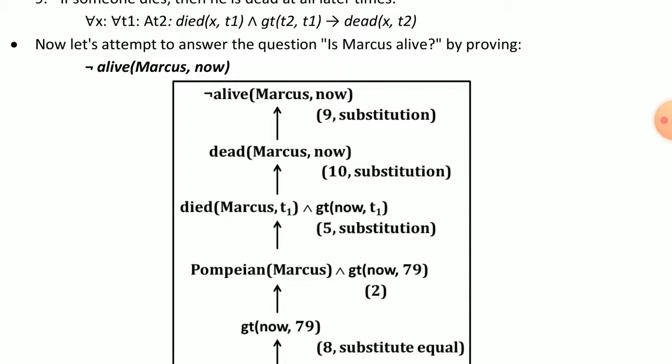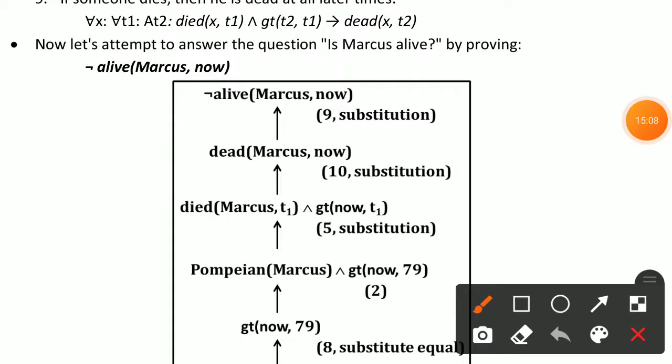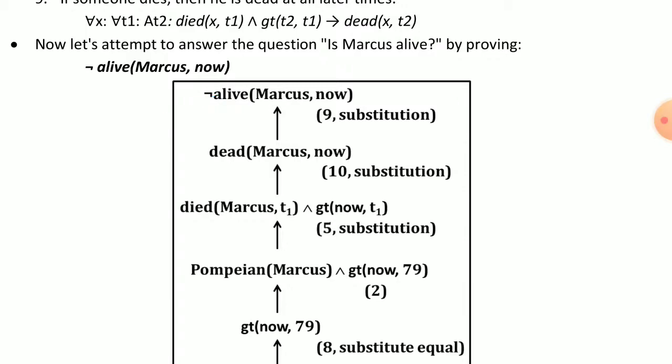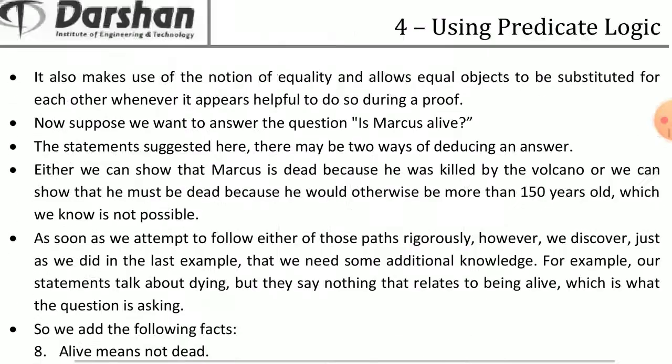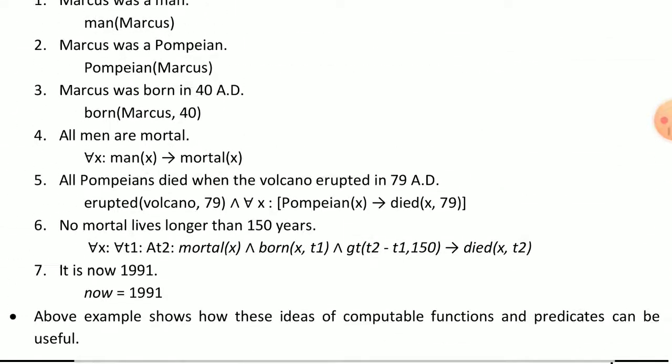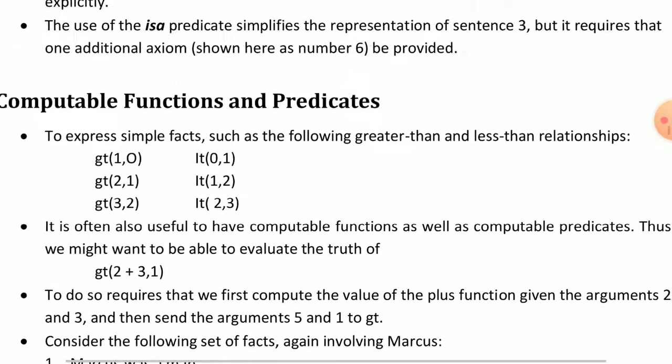So we know that he died. So here we can write not alive(Marcus, now). Now Marcus is dead. Okay, it is not allowed. So this is the example of computable functions and predicates.